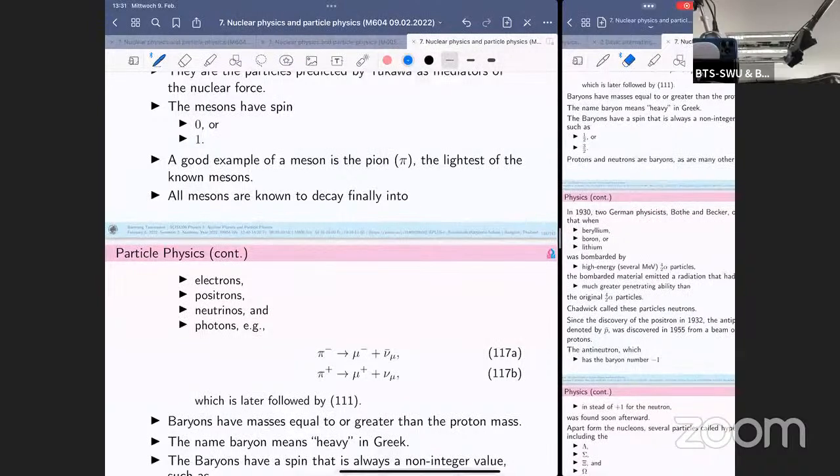Okay, the pion could be decomposed or decay into muon and muon antineutrino. If you take a look at the lepton number on the left hand side here, you have 0, right? Because pion has 0 muon lepton number.